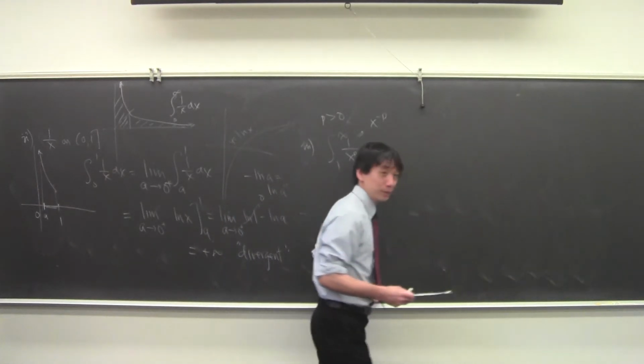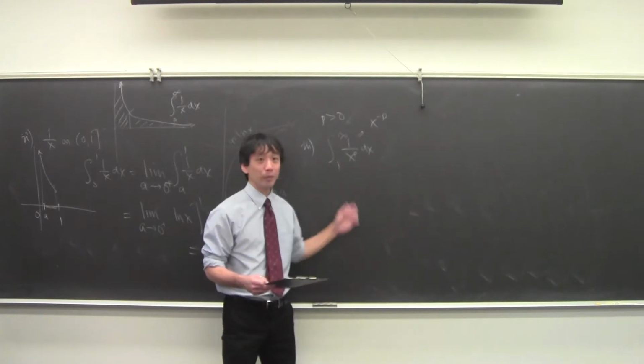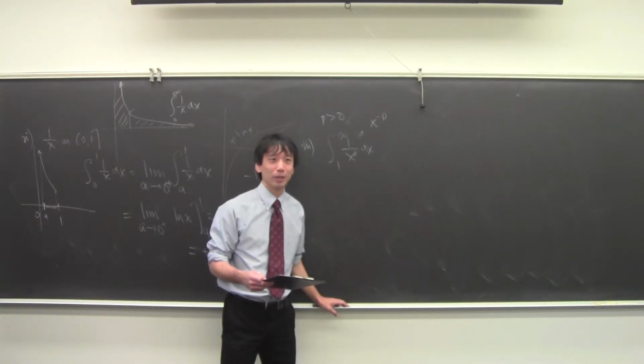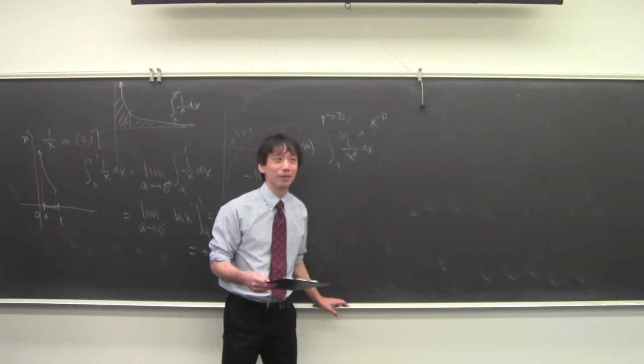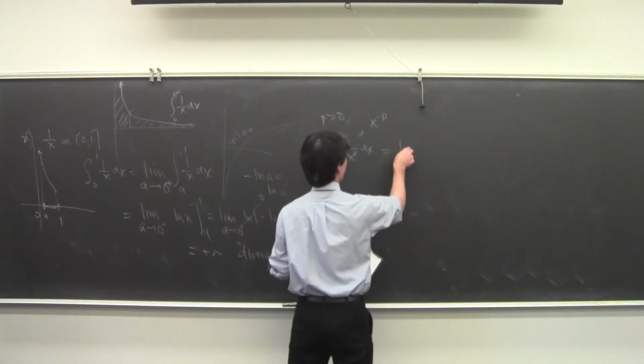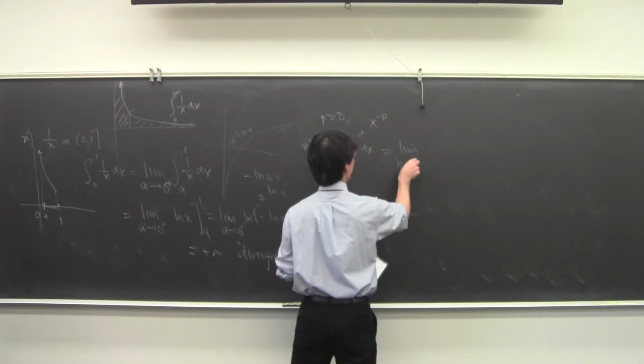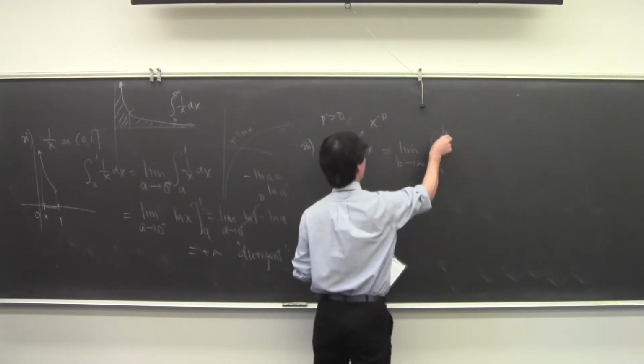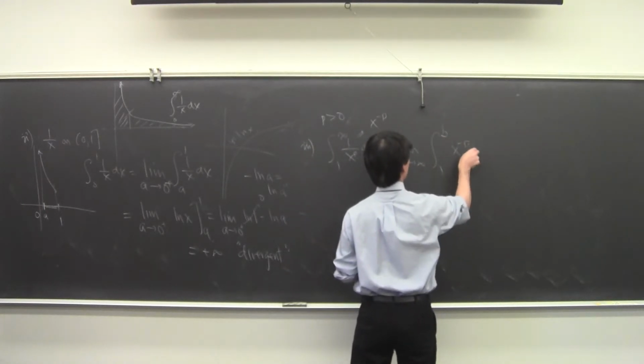Did anyone get a range of where p will result in convergence? P greater than 1. Okay, great. So how do you get it? Let's write this out. The integral from 1 to b of x to the negative p dx.